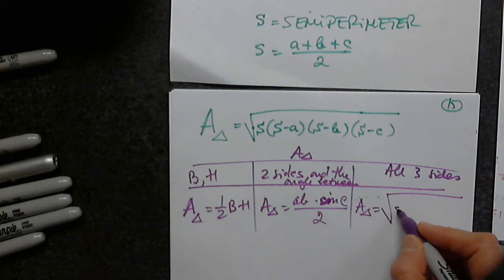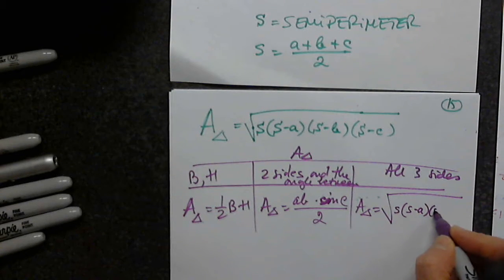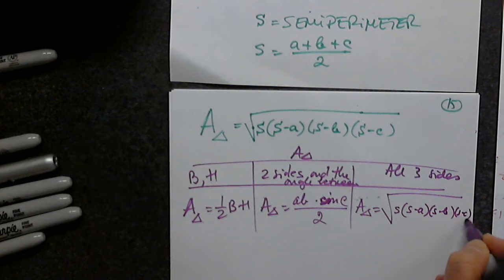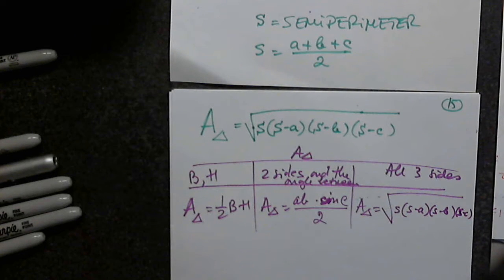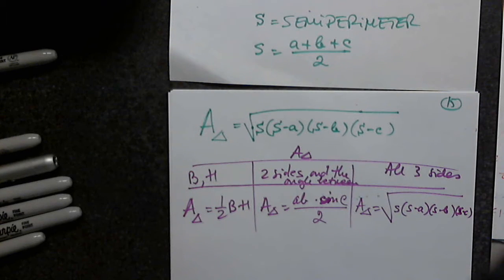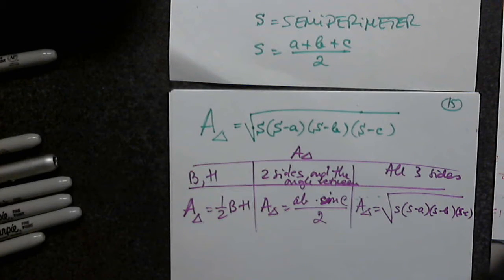If all three sides are given, I have s, s minus a, s minus b, s minus c. A times b times sine C over 2 is the formula that we looked at a while back. And it says two sides and the angle between them? In between them, yes, the angle in between.